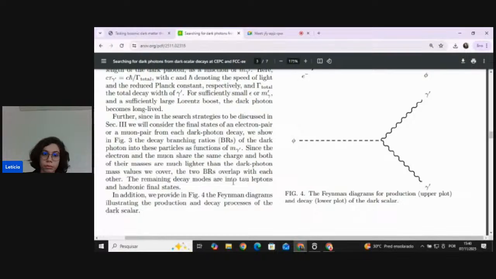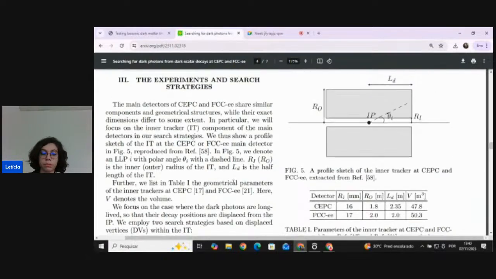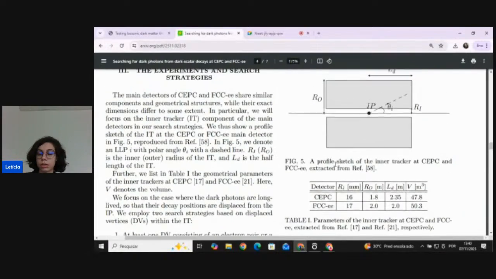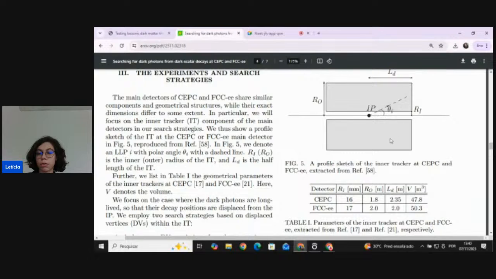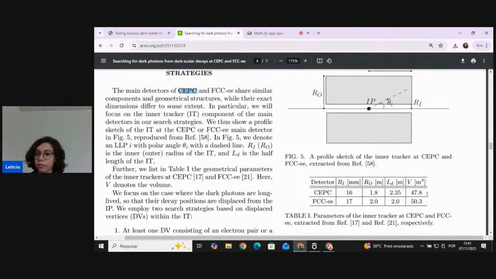So they consider these Feynman diagrams, and then they put on the strategies. This is a scheme of the inner tracker for both CEPC and FCC-ee. They have similar geometrical structures and so on. They have very, very little differences.